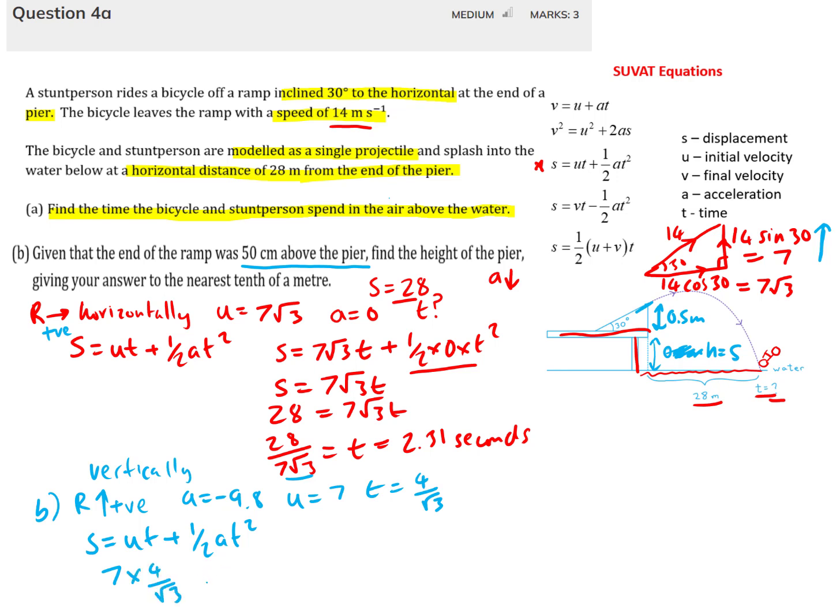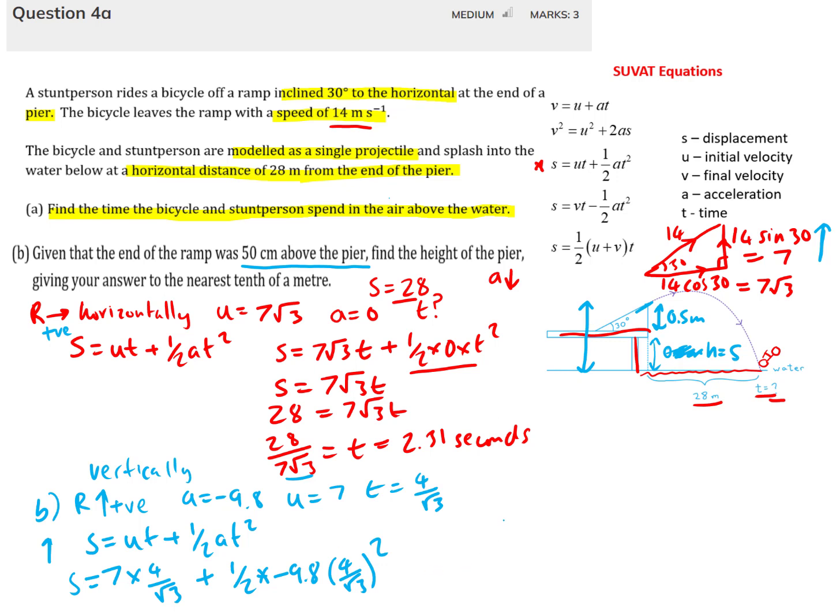We do have A, so plus a half times minus 9.8, and T is 4 over root 3, so 4 over root 3 squared equals S. And because we're resolving vertically, that makes sense, because then we will be finding, using this formula, this height from the ramp, because we're using time.